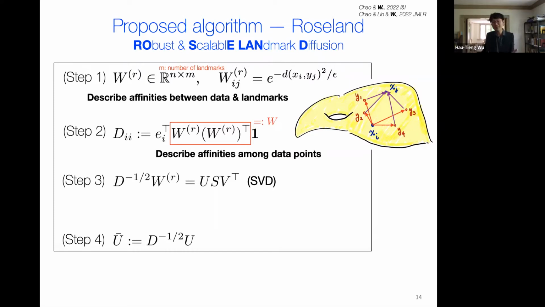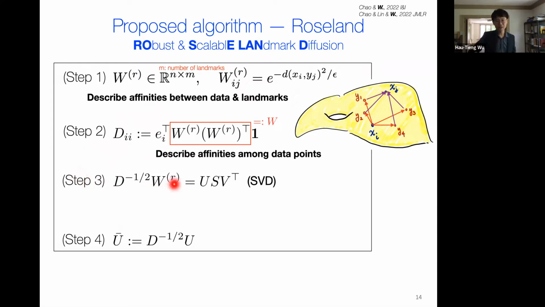If you view it as an affinity matrix among data points xi, then wij describes how you diffuse from xi to xj. And then, as before, you define a degree matrix. And then you run SVD.